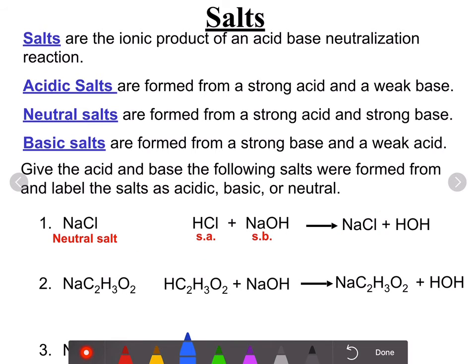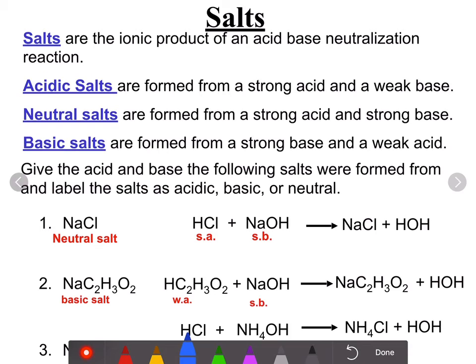Now, if we have HC2H3O2, which is acetic acid, plus sodium hydroxide, what's our product? Well, we have a weak acid plus a strong base. Now, the base is stronger, creates a basic salt.